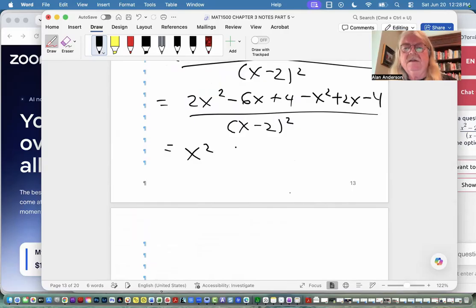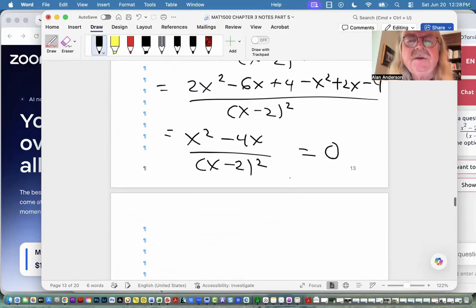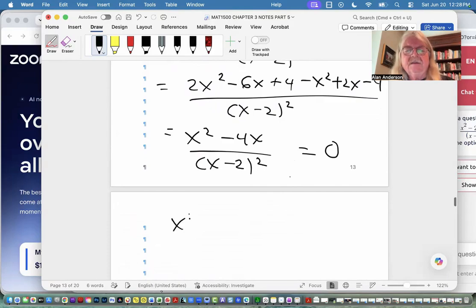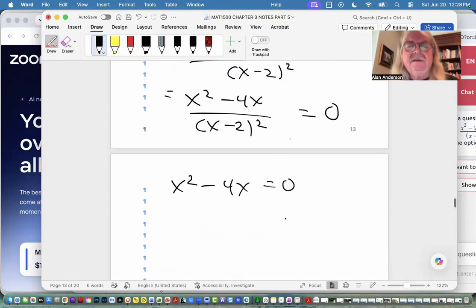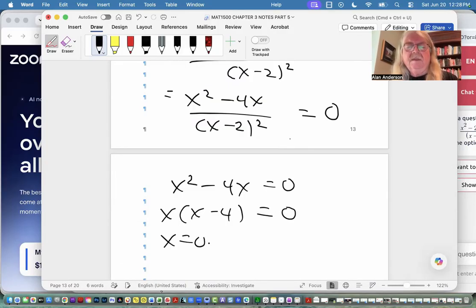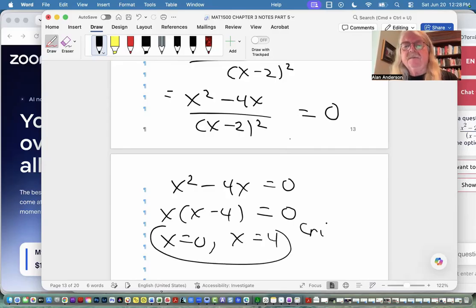X squared minus 4x. These drop out. All right, so we set this equal to 0. So we are down to, we can factor out the x. Those are my critical numbers or values.